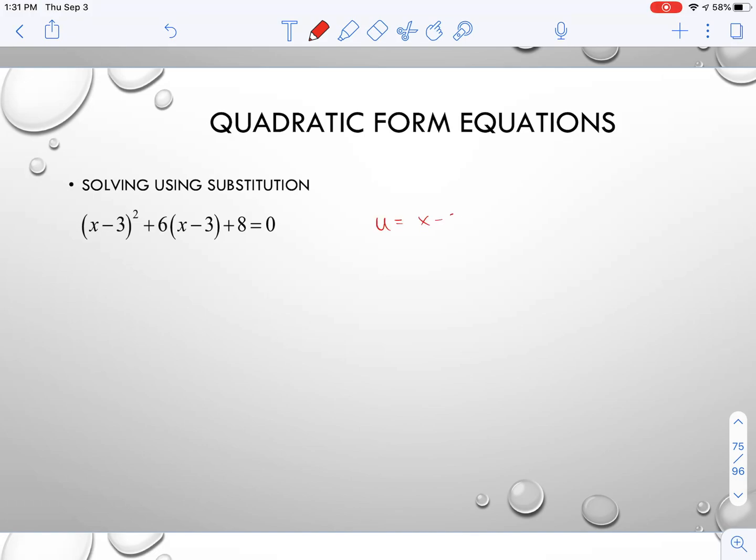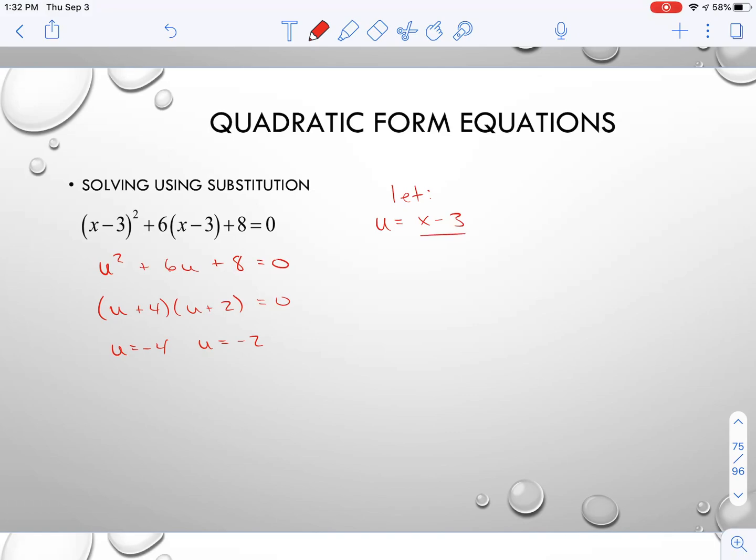I'm going to let u equal x minus 3. So when I do that, I'm going to have u squared plus 6u plus 8 equal to 0. Two numbers that multiply to 8 and add to 6 are going to be 4 and 2. So I have u plus 4 times u plus 2 equal to 0, or solutions of u equals -4 and u equals -2.